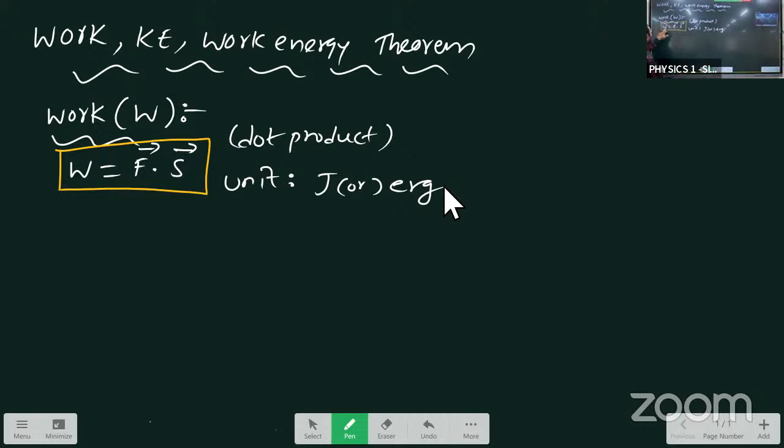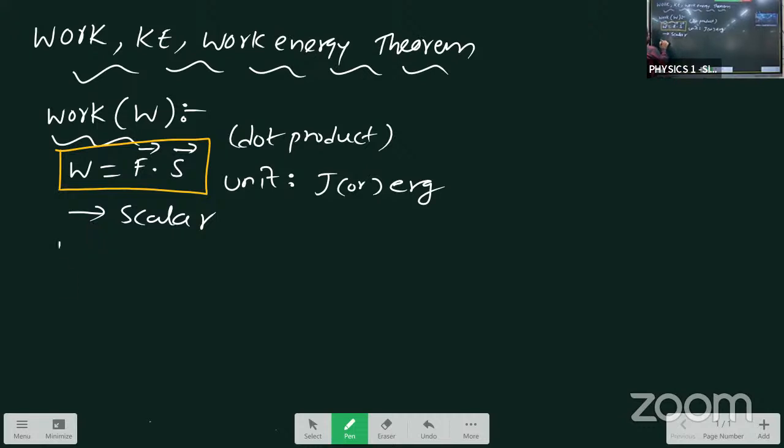Work always equals the dot product of force and displacement. Work is a scalar quantity. For work, only magnitude is present. There is no specified direction. That's why work is a scalar quantity. They're asking to define work.